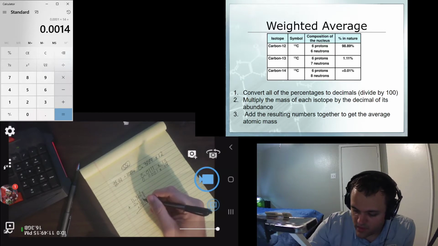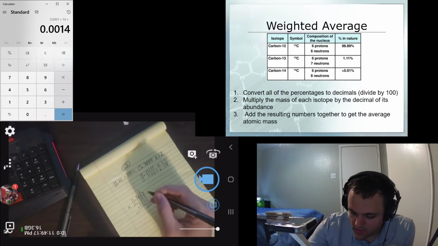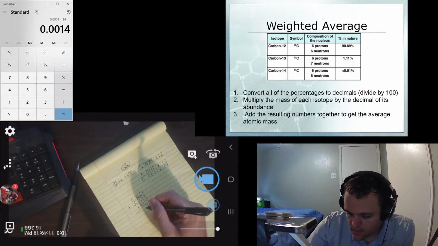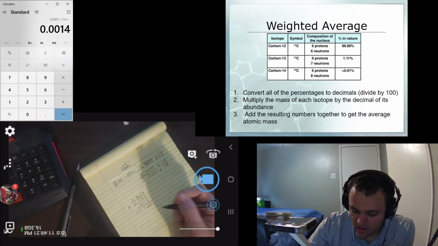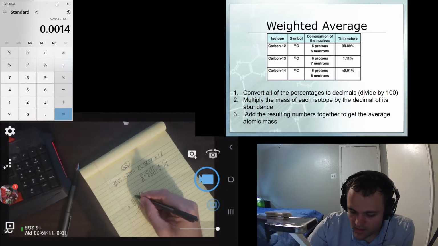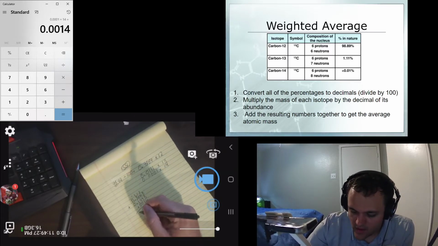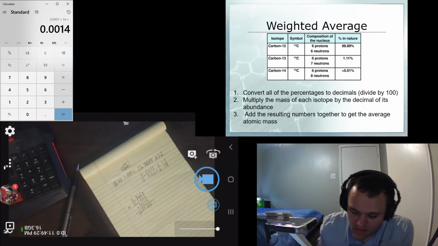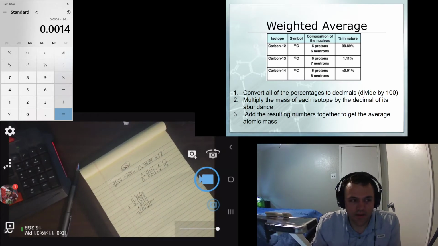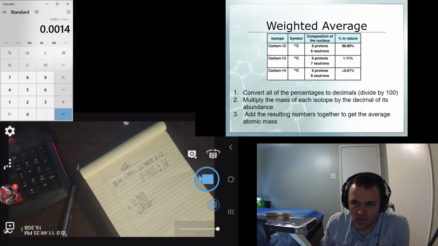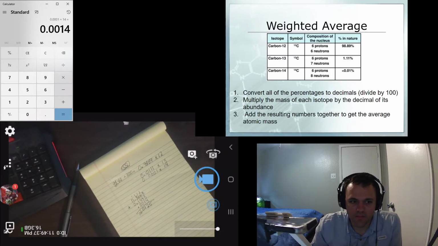That's 7 plus 4 is 11, plus 1 is 12. 6 plus 4 is 10, plus 1 is 11. And that one's a 0. So 12.0125 would be our average atomic mass of carbon if these were the relative abundances.